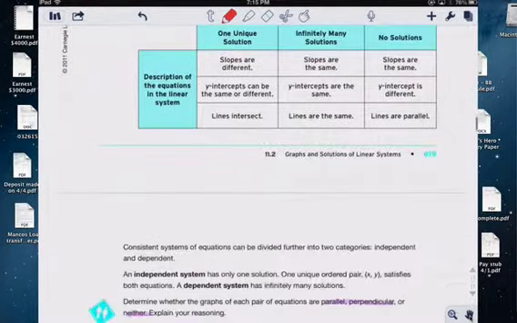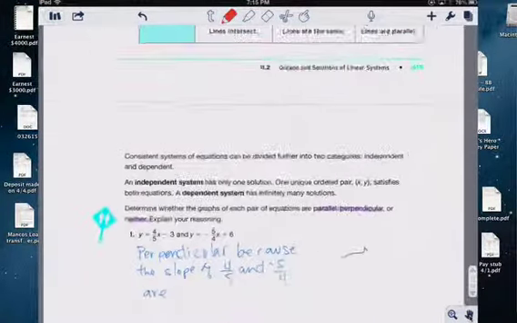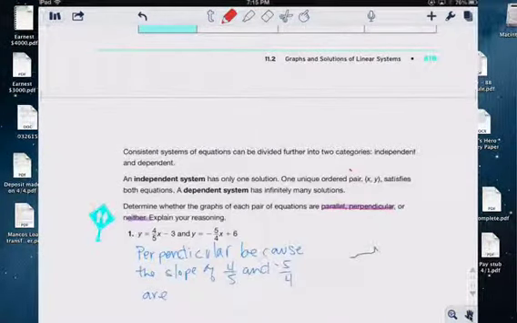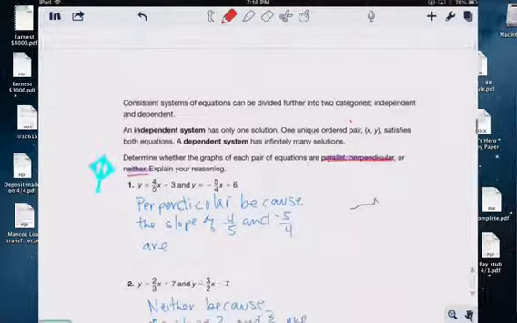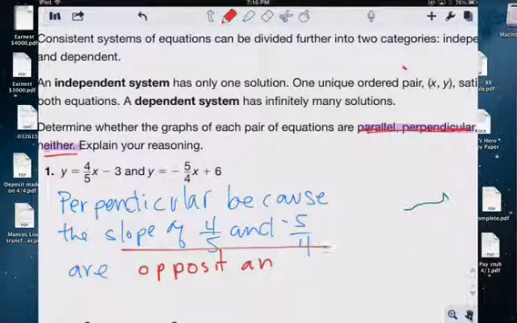Okay, and then the last page, you need to answer if it's parallel, perpendicular, or neither, and explain. First one is perpendicular because the slopes of 3 over 4 and negative 5 over 4 are opposite. And it's very important you say this, and reciprocal.